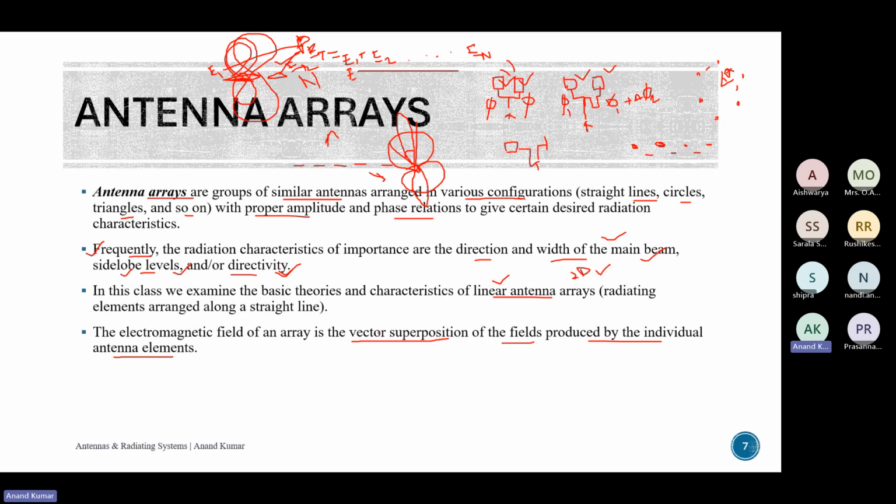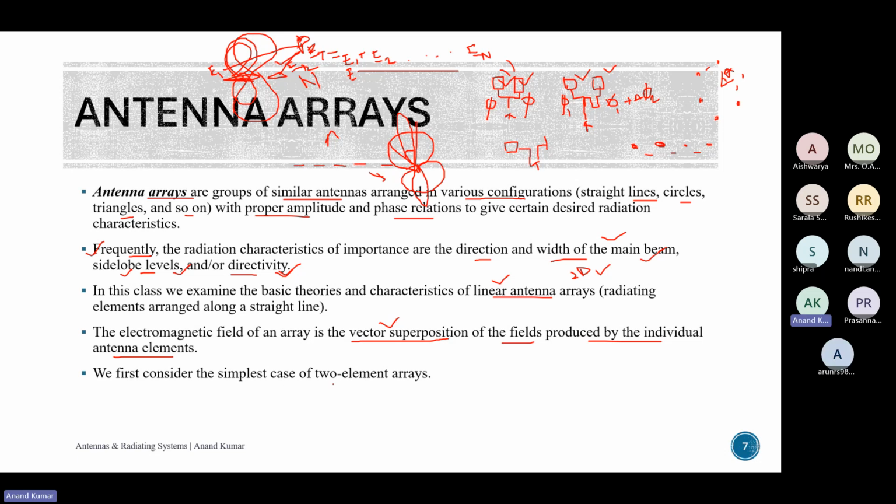So that's the idea. We'll be using vector superposition to find the electric field at that position, and hence the radiation pattern and the other parameters. We'll start with the simplest case of two element arrays and then generalize.